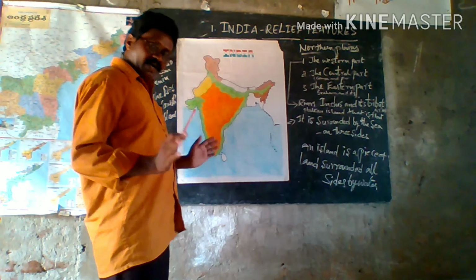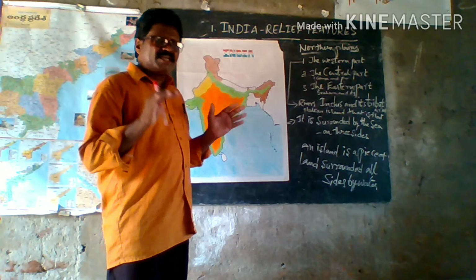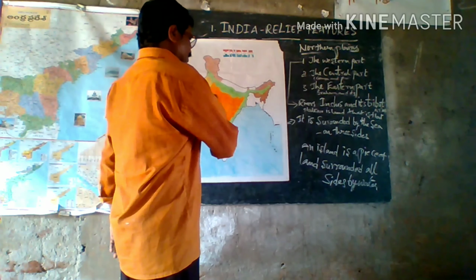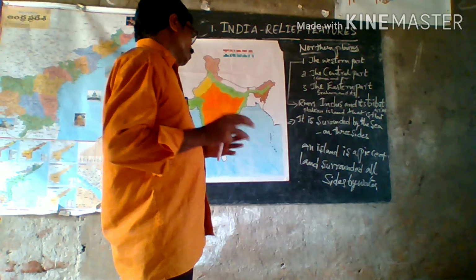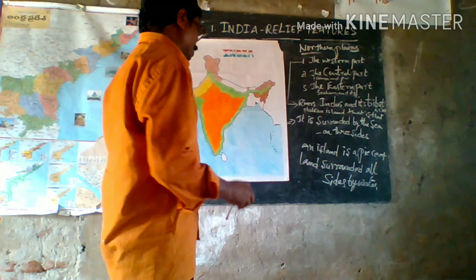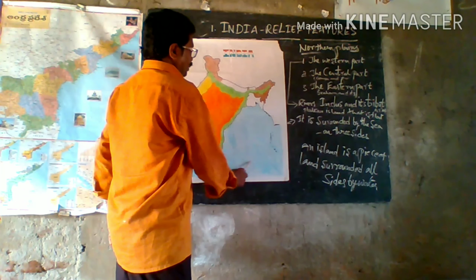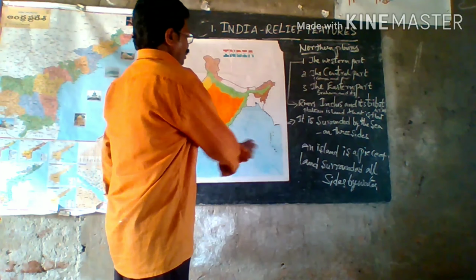What is the meaning of islands? An island is a piece of land surrounded on all sides by water. That's why these are called islands.